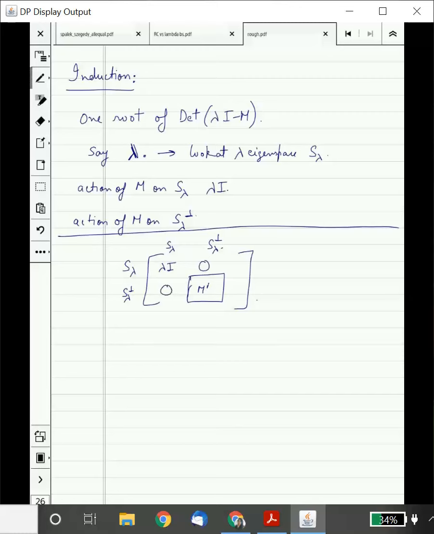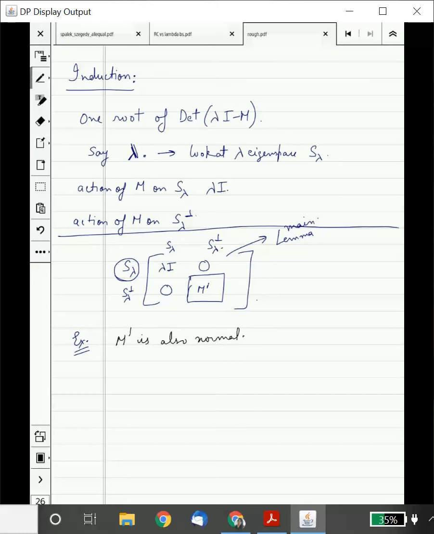This structure comes from my main lemma. It says that M acts separately on S lambda and S lambda perp. So under this basis of S lambda and S lambda perp, M looks like this.